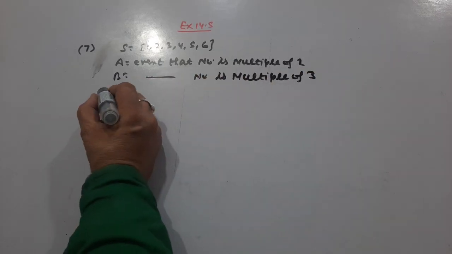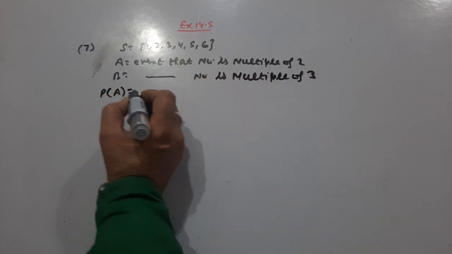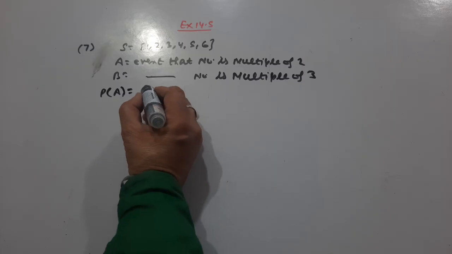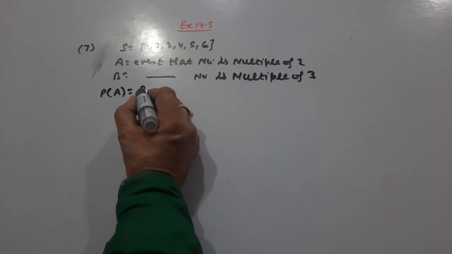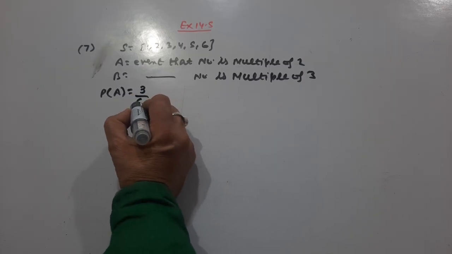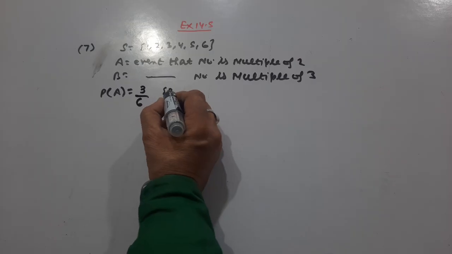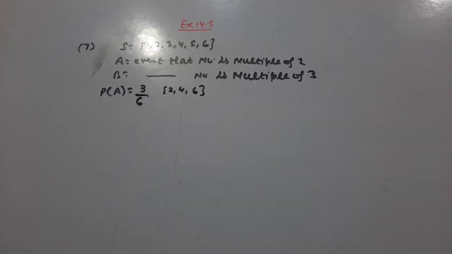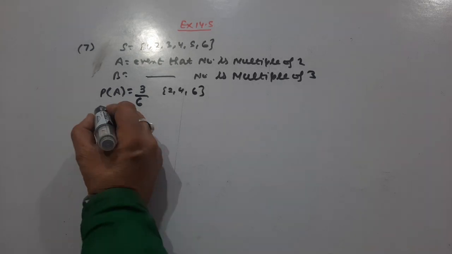So students, for P of A, the number is a multiple of 2. If there are numbers from 1 to 6, then the multiples of 2 will be 2, 4 and 6. So these are 3 cases, and the probability will be 3 by 6.